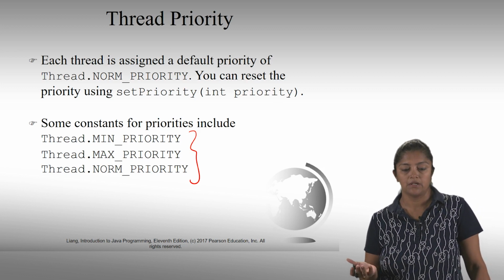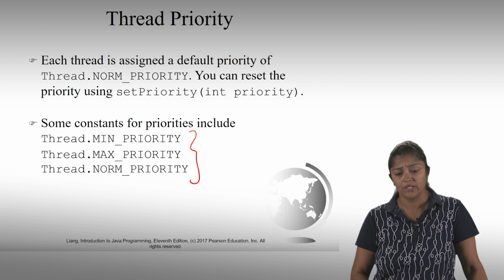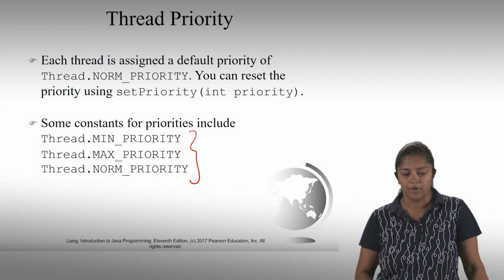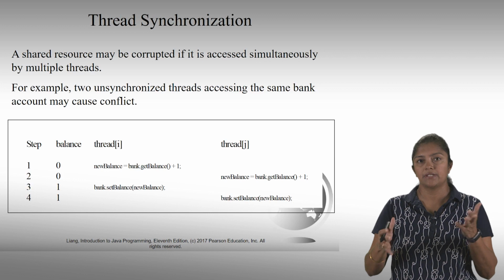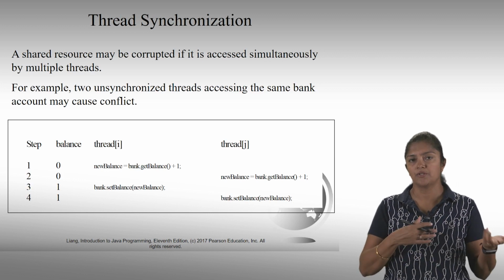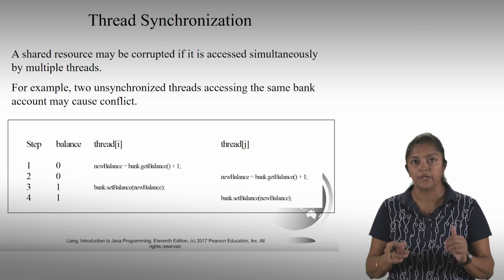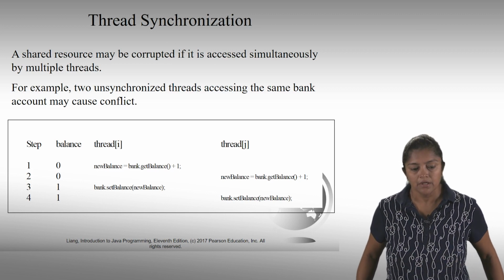So we can set the value to any of these. The value that it takes is an integer from 1 through 10, which sets the priority to either min, max, or somewhere in between.